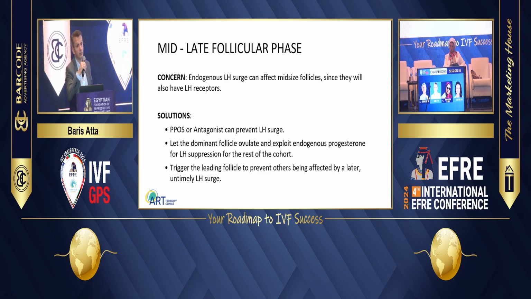One way is you can do a progestin prime cycle from the start, or you can start antagonists early on, or if you're really in the peri-ovulatory period, you can let the dominant follicle ovulate, and then there won't be another LH surge triggered, and then progesterone will rise to cover your back. Or you can trigger the dominant follicle with an agonist, so you get rid of that, and then you continue your stimulation as if nothing happened.